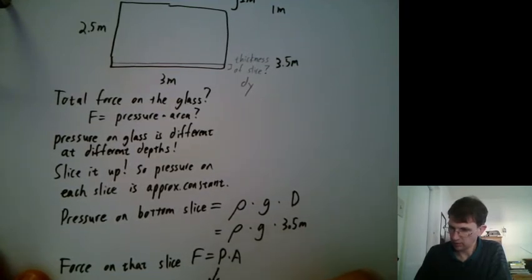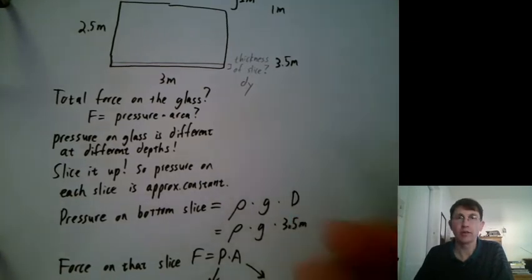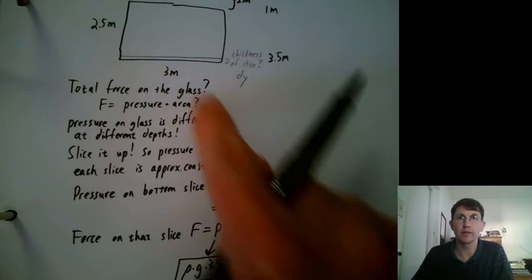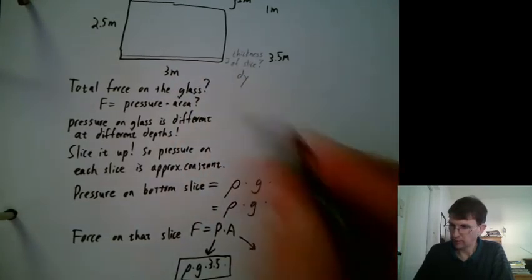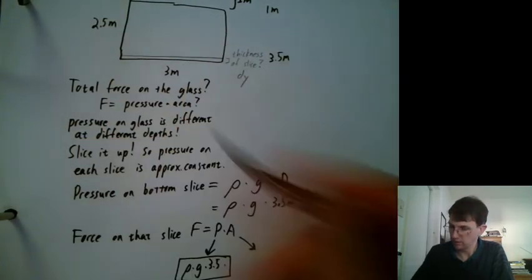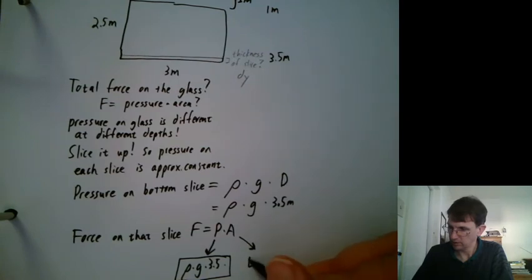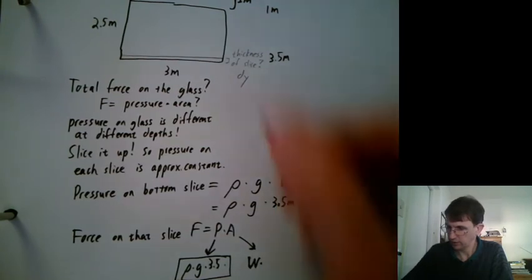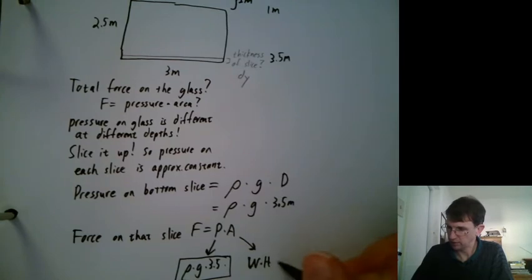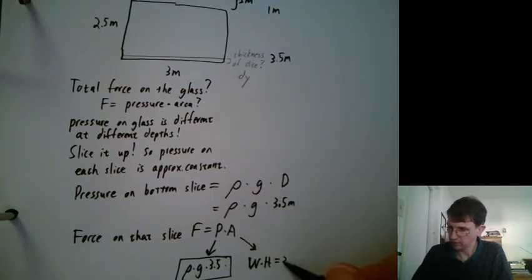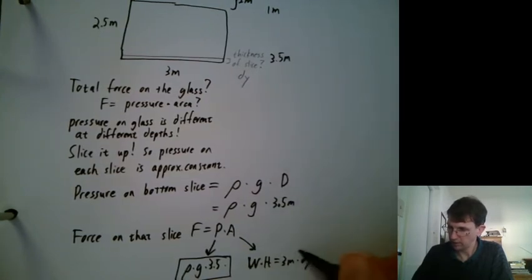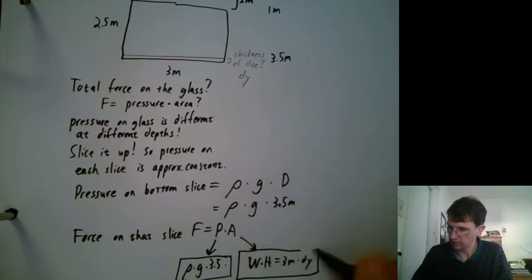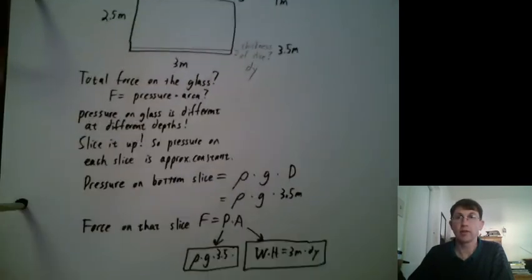Pressure we know was rho times g times 3.5. And what was the area? Well, we hadn't computed that. What's the area of that slice? Well, its width is 3 meters, so we could say its width times its height. Its width is 3 meters and its height is dy. So that's for the bottom slice.